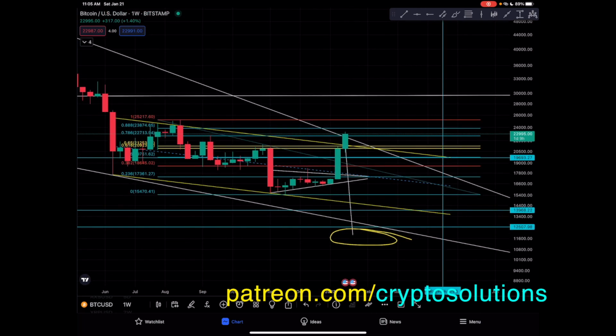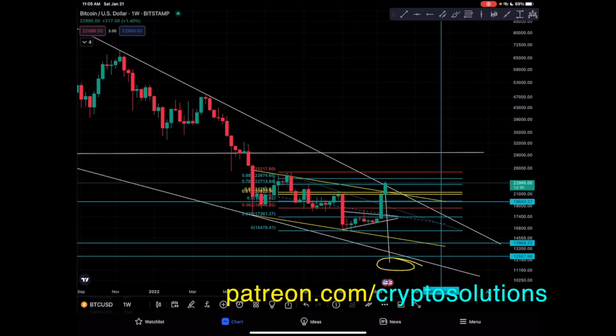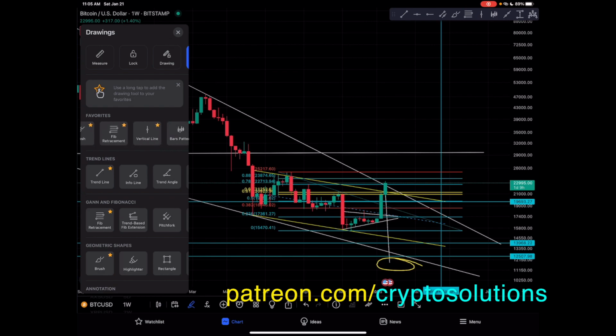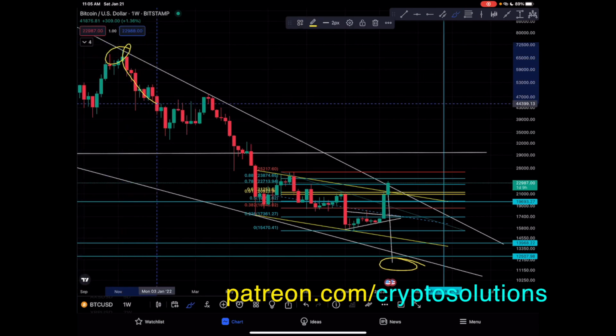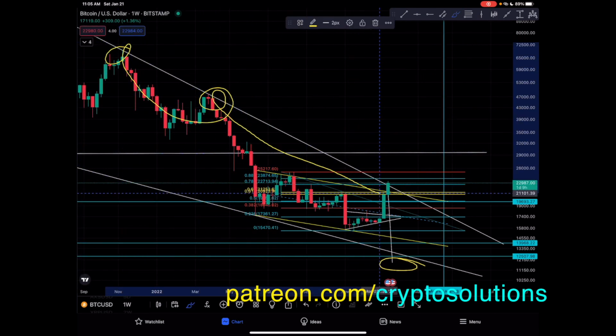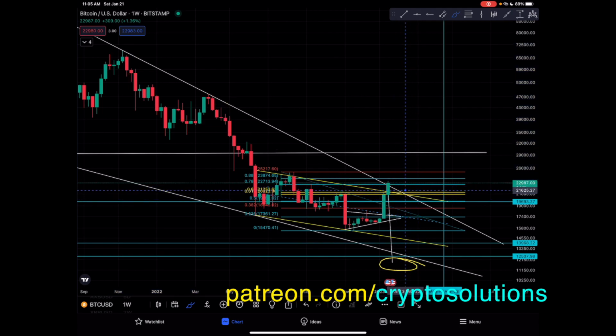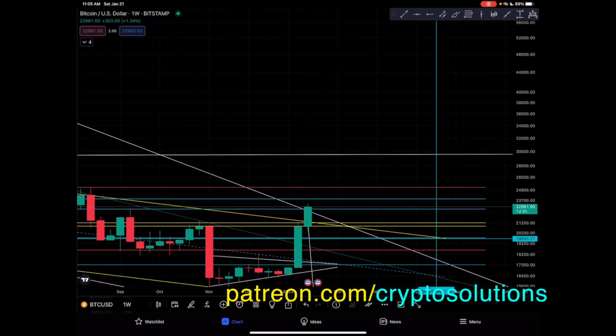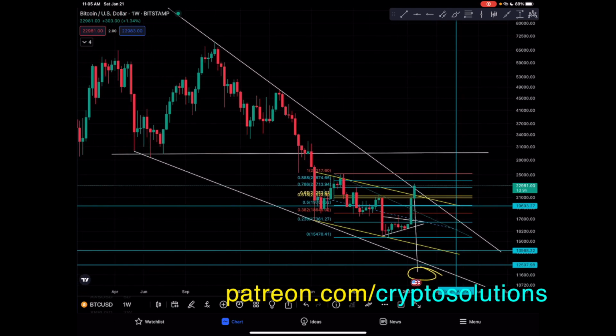And then also, if the descending wedge resistance here can find support right here, above this previous resistance, which is potentially converting into support, then that would be a reversal scenario, okay?